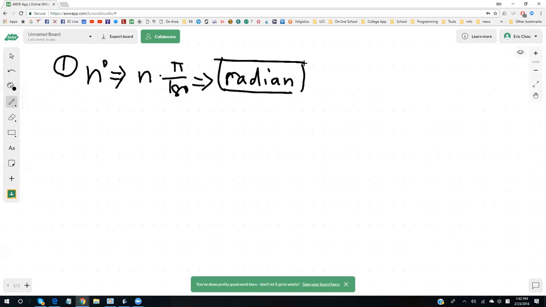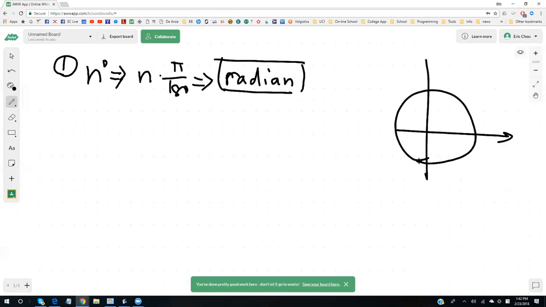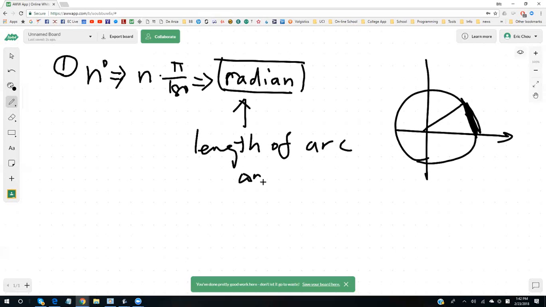And the radian actually means what? If you are on the unit circle, the radian count is the length of the arc, which is also the length of the arc on the unit circle.